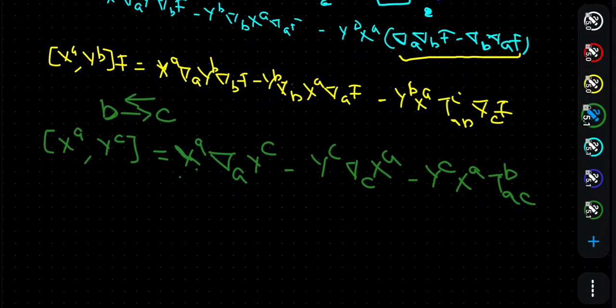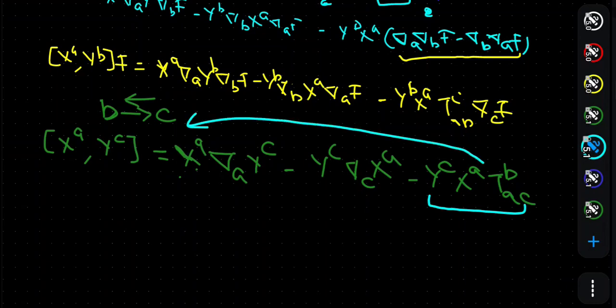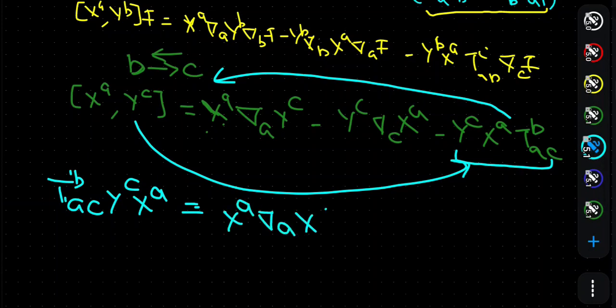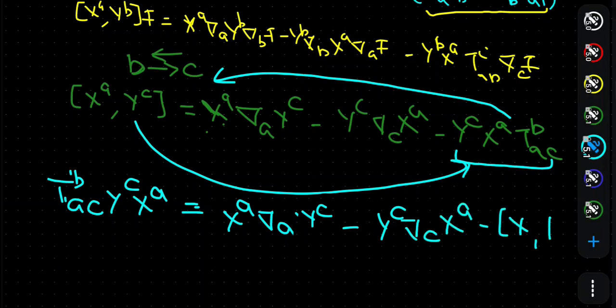Now what I will try to do is choose this particular term and shift it into the left hand side, and this on the right hand side, and see what will happen. If this is the case, then it will be the torsion tensor T acting on y^c and x^a, and it is exactly equal to x^a nabla_a acting on y^c, and similarly minus y^c nabla_c on x^a, and minus the commutator of this particular x^a and y^c.